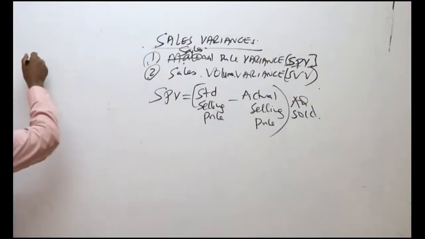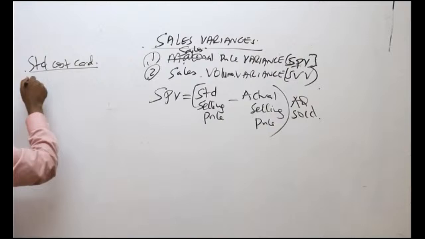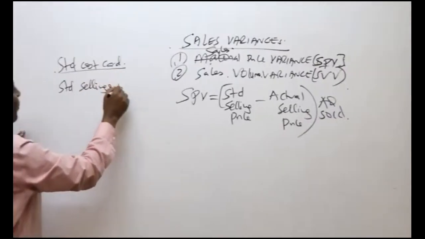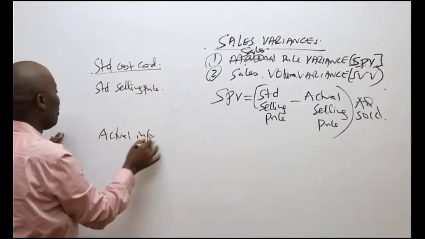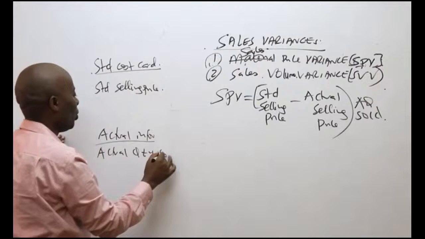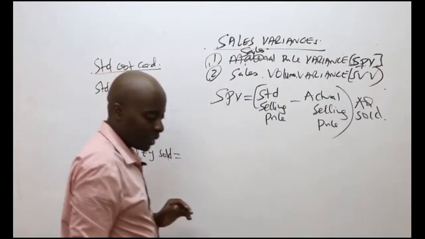Please go to the standard cost card. You'll be able to see the standard selling price, and in the actual information, you'll be able to see the actual quantity sold.